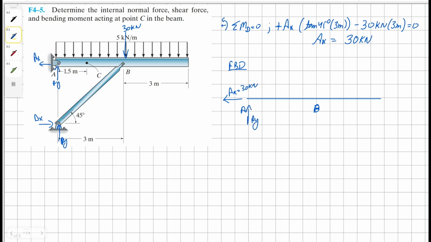And then AY, we still have to find. And our uniform distributed load. And before we even touch that, we have our horizontal and vertical reaction forces at B. And for our uniform distributed load, we're going to have two separate concentrated loads, one on each side of B. Each will be 15 kilonewton.